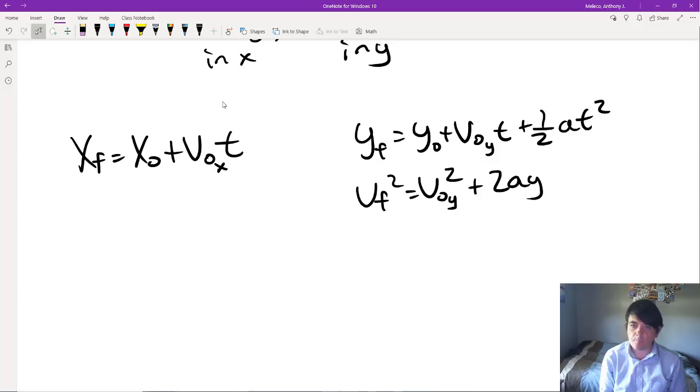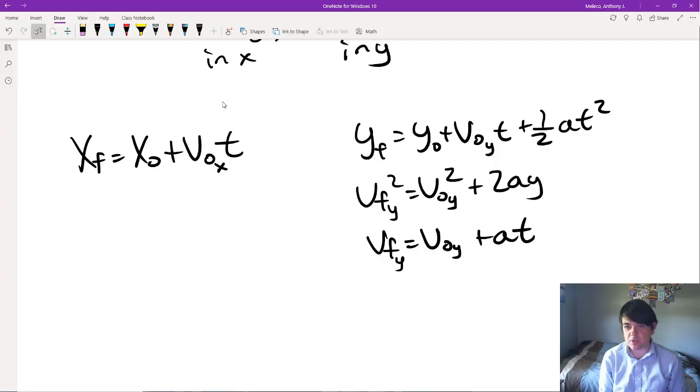Additionally, even though there's not an equation like this, even though there's not a v final for x, I like to be consistent and add y, and sometimes you'll even see me point out a y, okay?